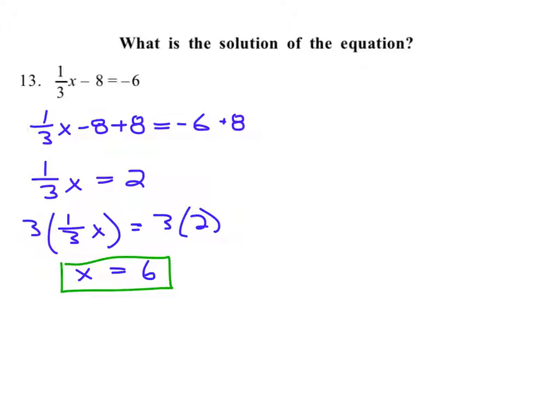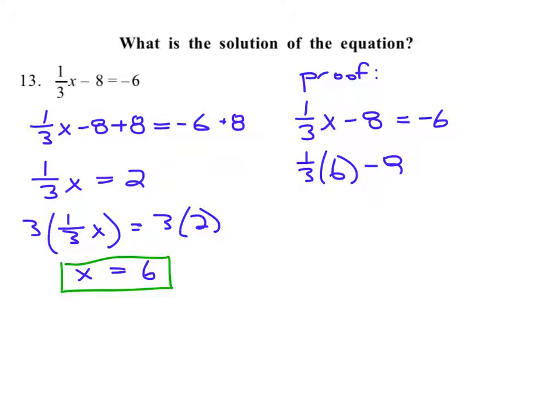Now we'll do a proof on that. One-third x minus 8 equals negative 6. 1/3 of 6 minus 8 equals negative 6.